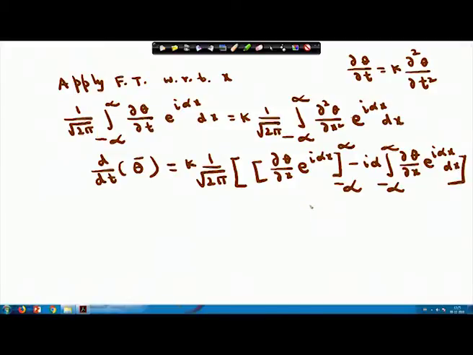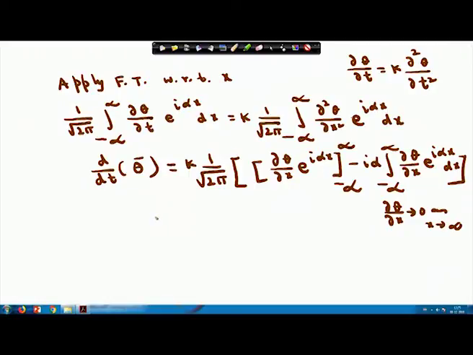Now please note that ∂θ/∂x approaches 0 as x approaches infinity, it is given. So using this condition, this term vanishes as x approaches infinity or minus infinity.